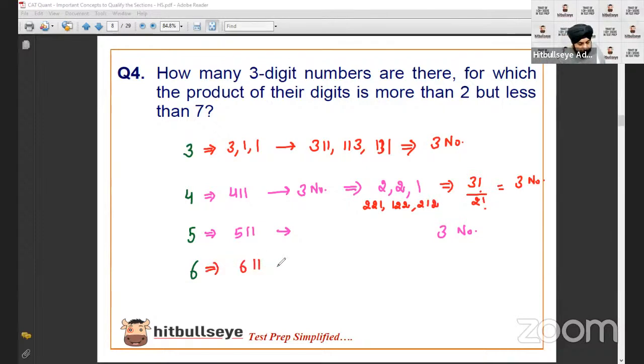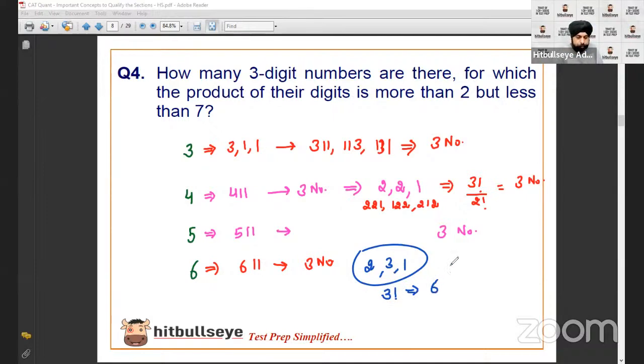6, 1, it can be made by using digit 611, which will be 3 in number. Secondly, people, 6 can be made by using the digits 2, 3 and 1. But 2, 3 and 1 being all different digits, you can make the number of numbers equal to 3 factorial, that is 6 numbers can be made here.